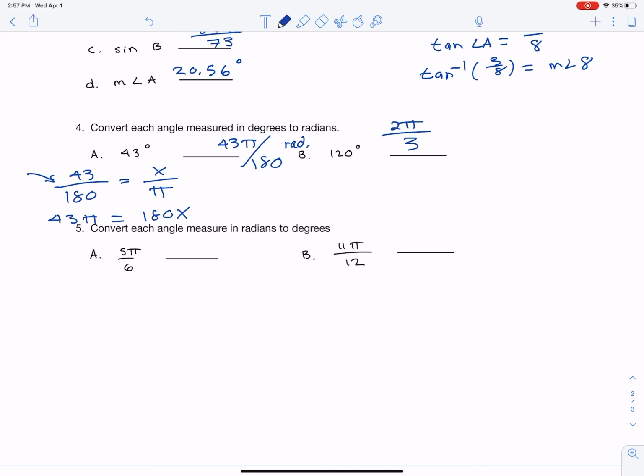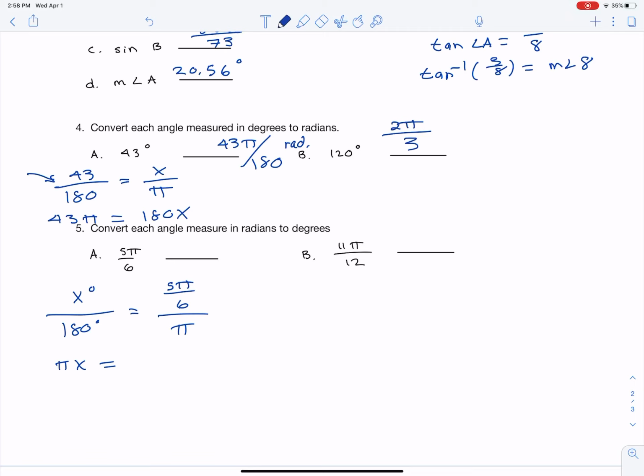I'm going to go through the process like I did in the first part in A for number 4. So we don't know how many degrees, so I'm going to say x degrees is to 180 degrees as 5 pi over 6 is to pi. Doing our cross product, I get pi times x equals 180 times 5 pi over 6.